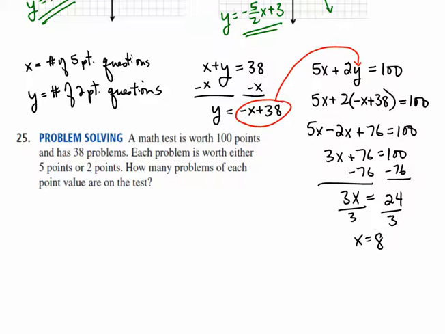So 8 would be the number of 5-point questions, and we know that there's a total of 38, so there has to be 30 2-point questions.